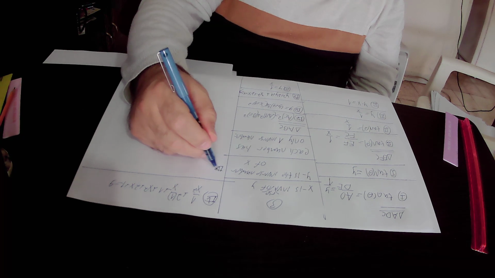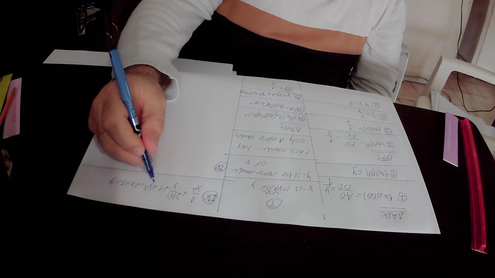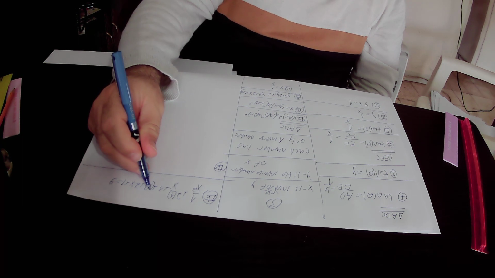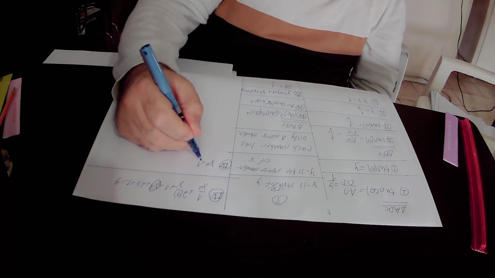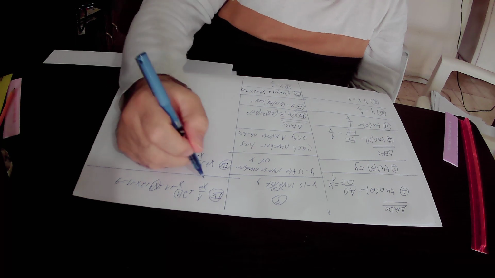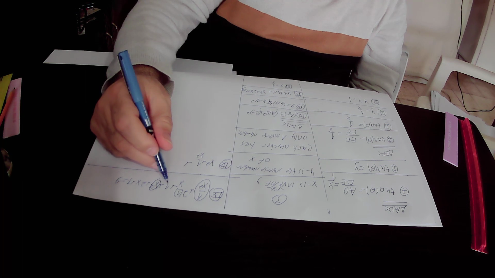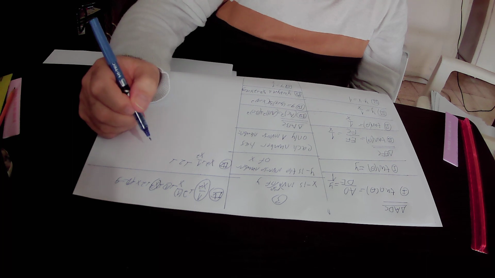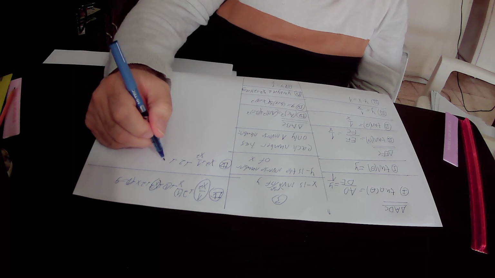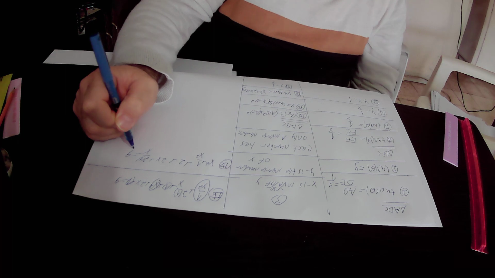Here we write down that x squared plus 1 over x squared, plus 1 plus 1 is 2, plus 2x plus 2 times 1 over x equals 9.